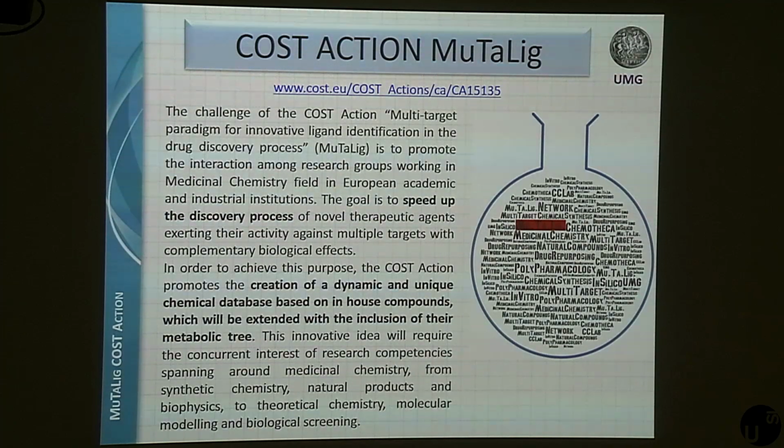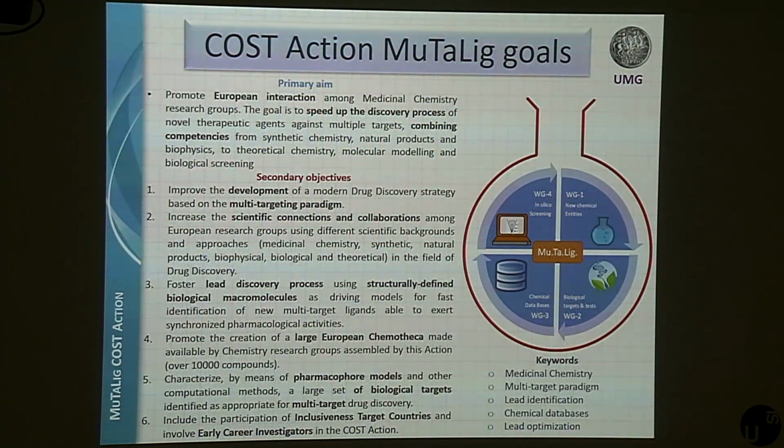and I will briefly mention the structure of the COST Action just so you know how we designed it. There are 4 working groups. One is related to new chemical entities, that means people working in the lab, synthesizing or extracting molecules. Another working group is related to biological and biophysical tests. It is very important because we need direct feedback on our predictions and our ideas.